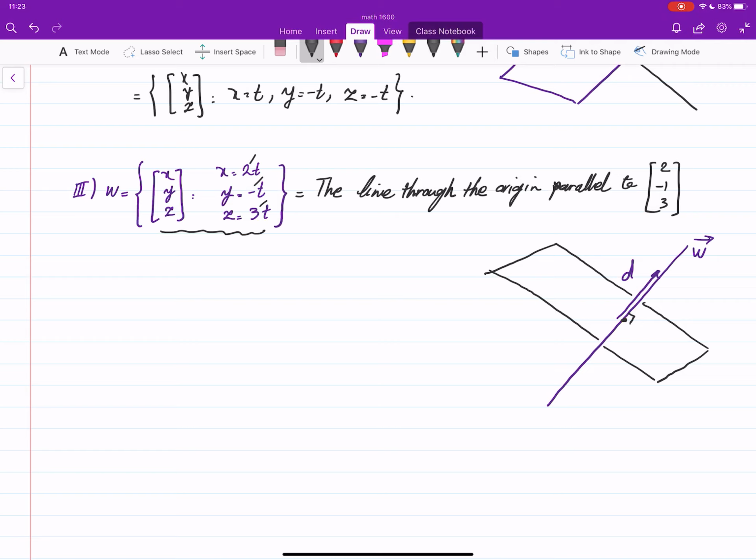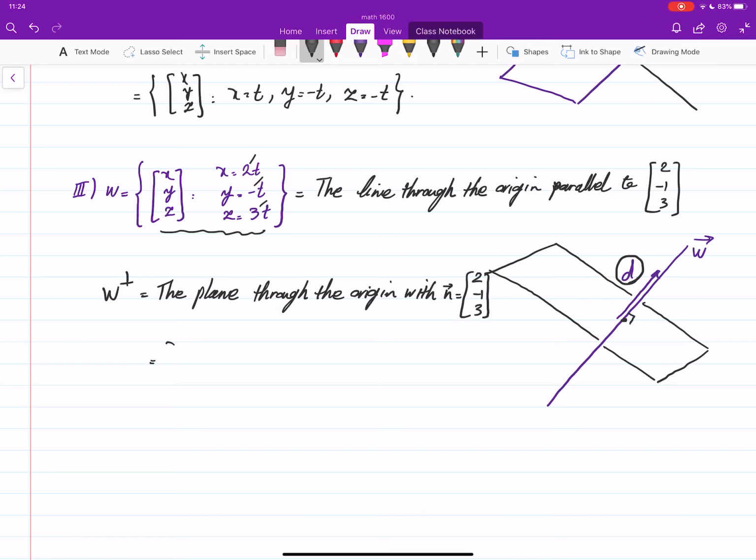And the funny thing is that this D can be considered as a normal vector for that W perp, or that plane. So W perp is the plane through the origin with normal vector (2, -1, 3).